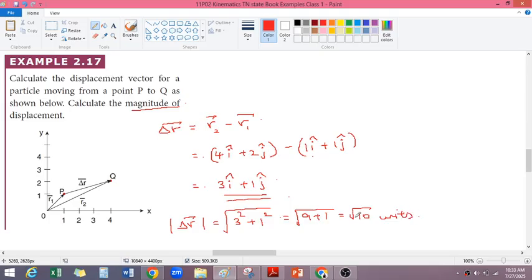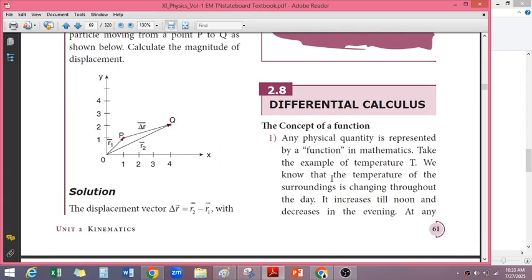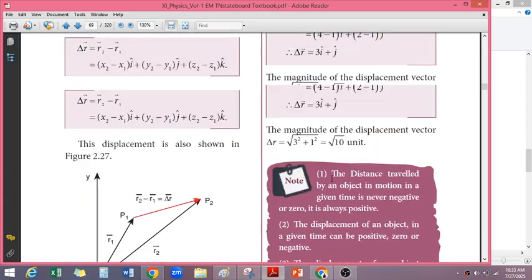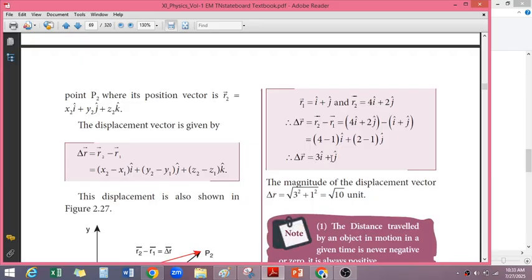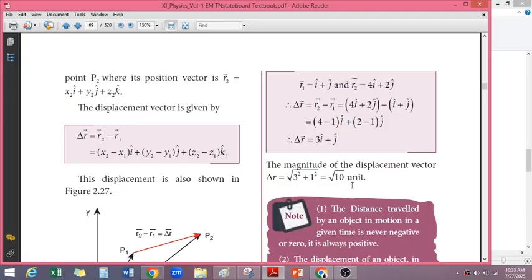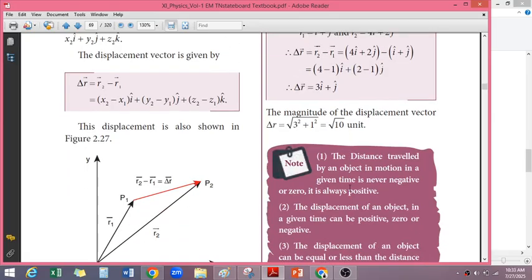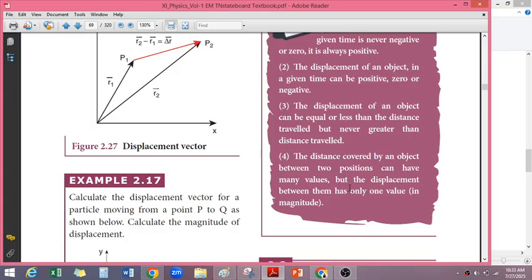Whenever meters or centimeters are not given, you can write it as units, meaning it can be any units. So 3I plus 1J, you got root 10. Okay, so absolutely nothing very difficult there.